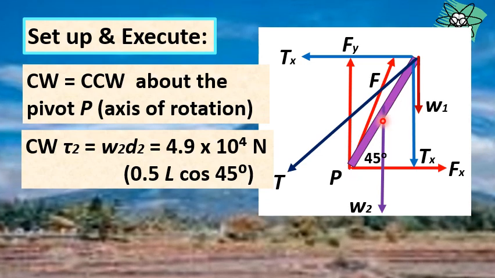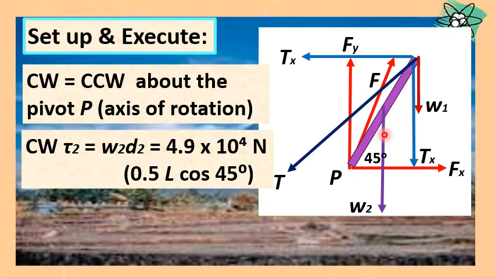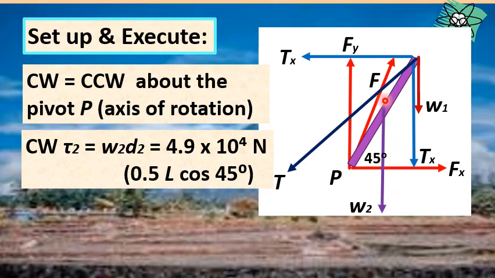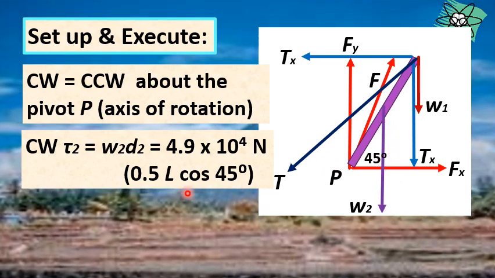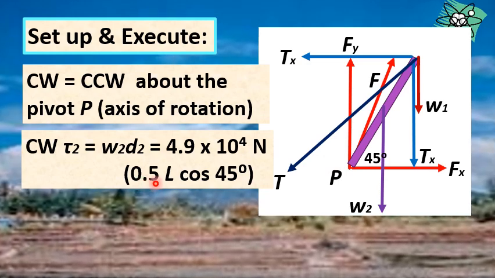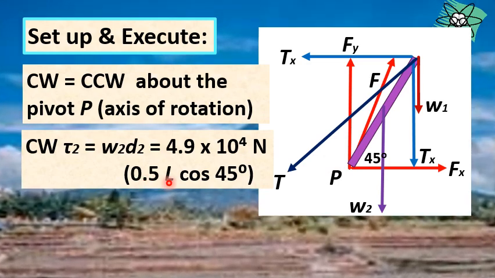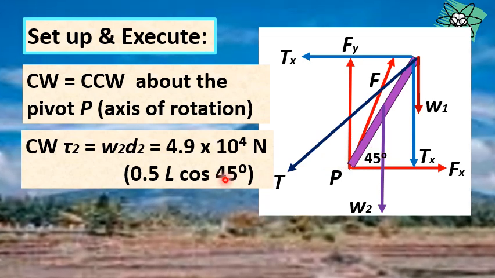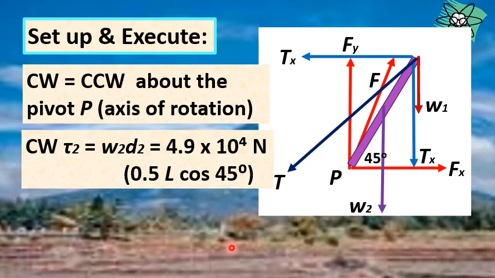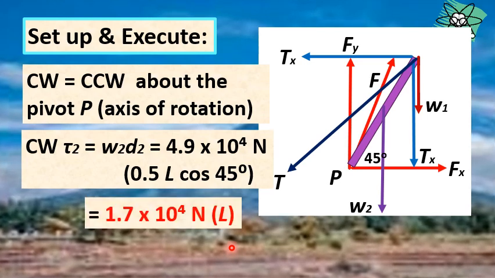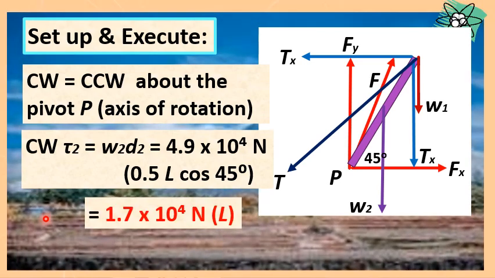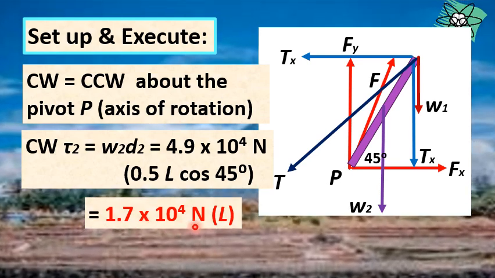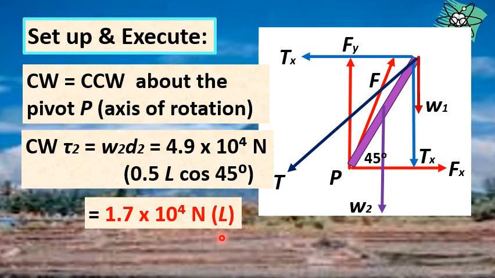Since the center of gravity through which the line of action of W2 passes is exactly at half the length, that's why we are using 0.5 times the length of the strut and then multiplying it by cosine 45 degrees. That is, torque number 2 can be expressed as 1.7 times 10 to the 4th power Newton multiplied by the length capital L.